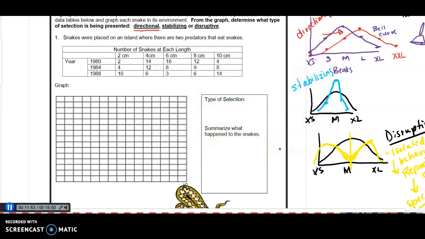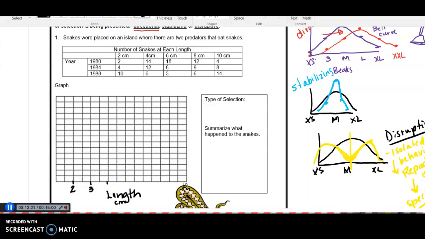So for example, right here, the length is down here. We're going to start at 2 centimeters, and this is in centimeters.